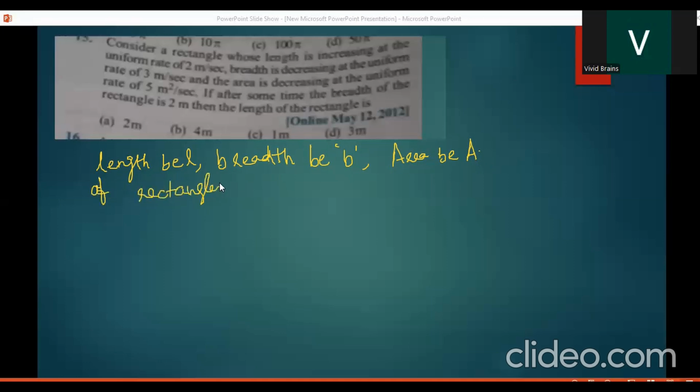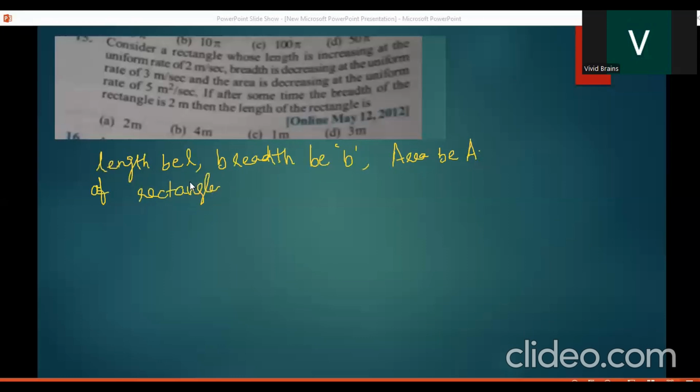Length L, breadth B, area A. If you take all the things as variables of a rectangle, what can I get?